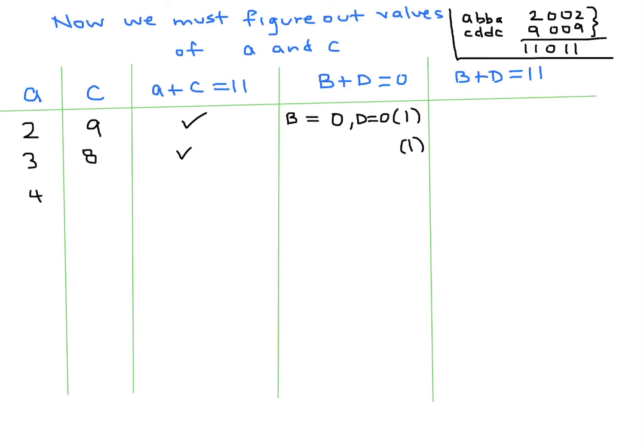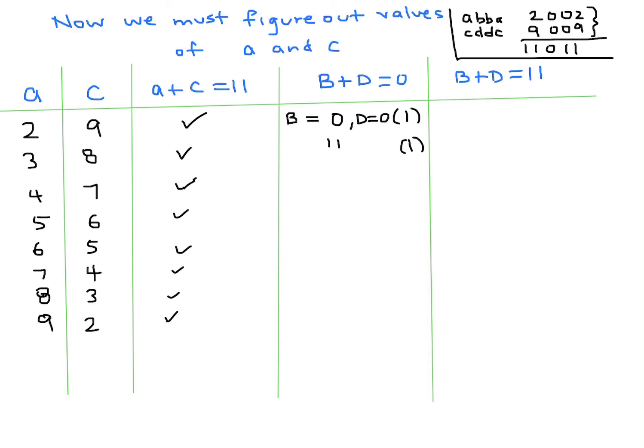What else do we got? 4, 7, 5, 6, 6, 5, 7, 4, 8, 3, and 9, 2. For each of these, of course, will all check out, and for each of these it'll be exactly the same.